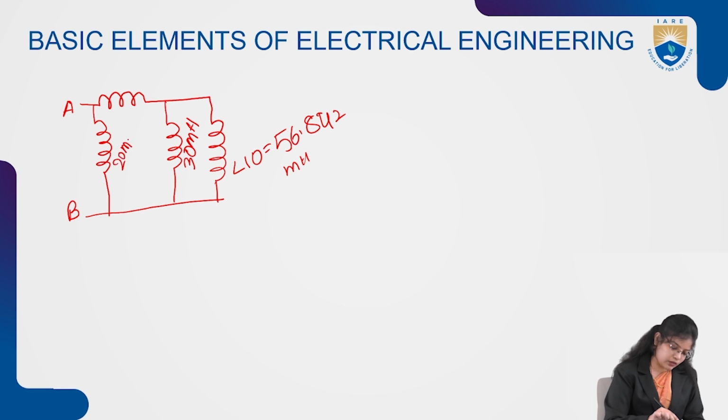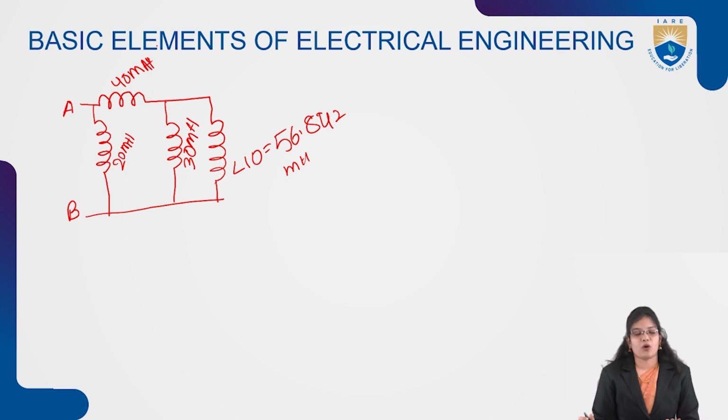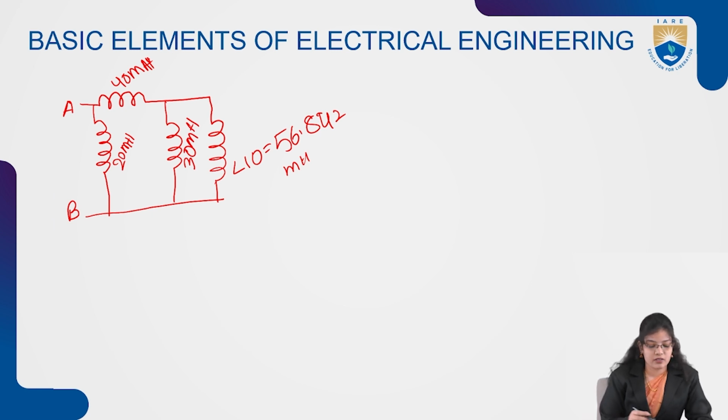This will be 20 and this will be 40. So again we have to see the combinations now. Here these two inductances are connected in parallel and we have to simplify the circuit again.